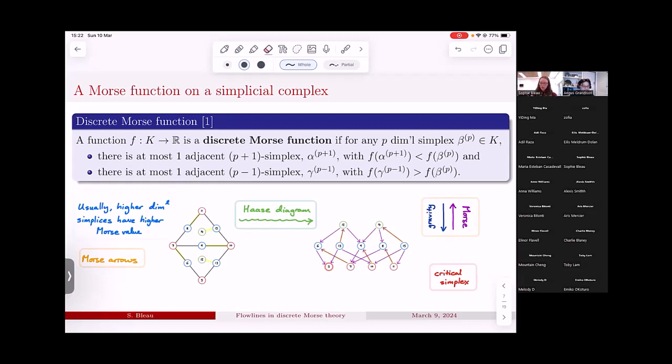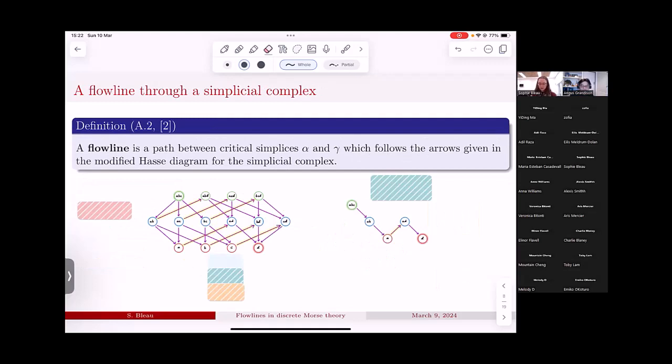But so we're looking at these critical simplices in a Hasse diagram. And a particular Hasse diagram, to give you an idea of flow lines through a simplicial complex, is the tetrahedron.